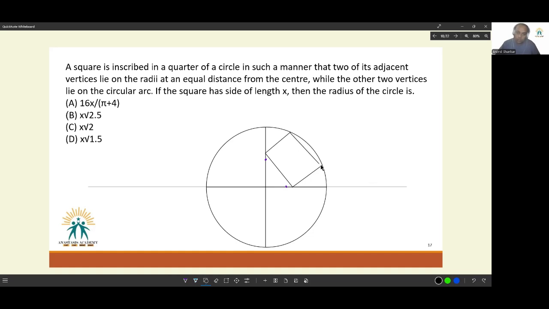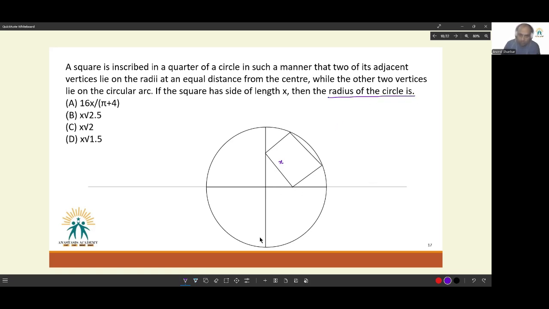Just imagine this is a square. Despite its appearance, just imagine this is a square. Okay. While the other two vertices lie on the arc, if the square has a side of length x, this is x, radius of the circle.